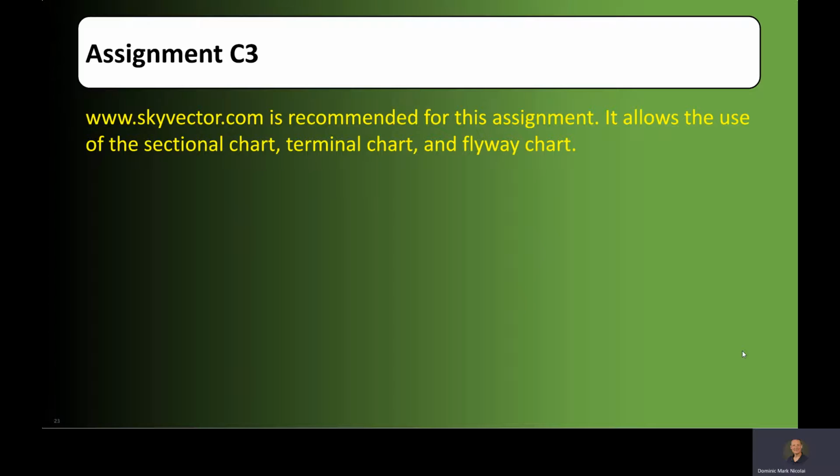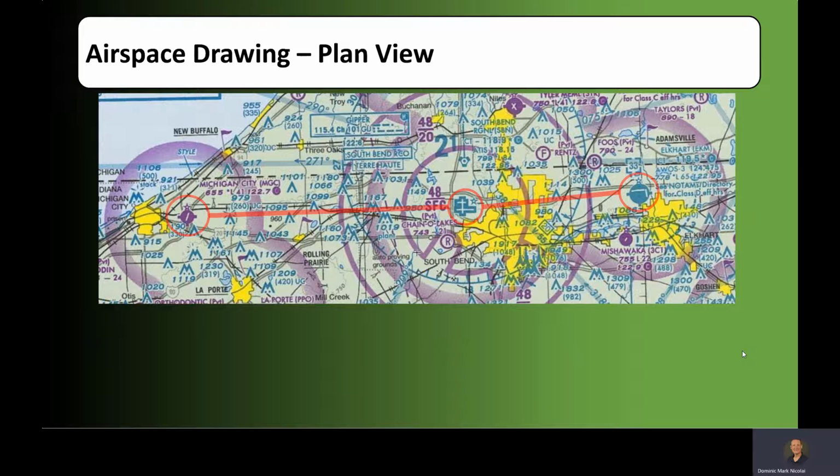ForeFlight, it's a little tougher to get all the charts you need. It's not as user friendly, but use what you want. You're the captain here. Anyway, our plan is to use Michigan City through South Bend through Elkhart as the example. Obviously, you'll be doing something out west with a little bit more Bravo mixed into it.